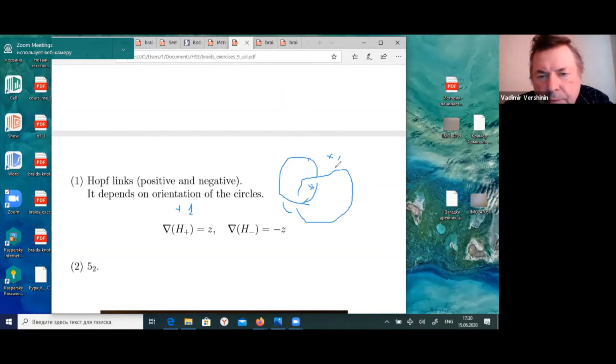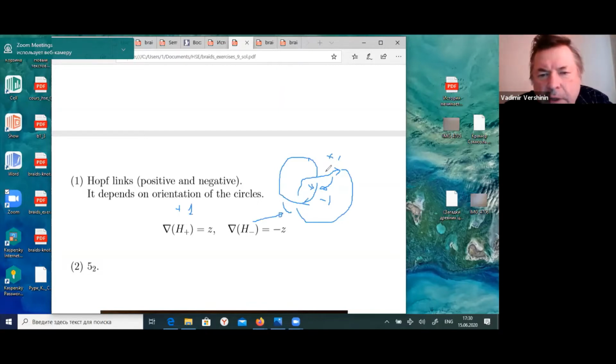we should make here the direction like this, and you have this rotation. It will be now -1. This is the negative Hopf, where the linking number is -1.